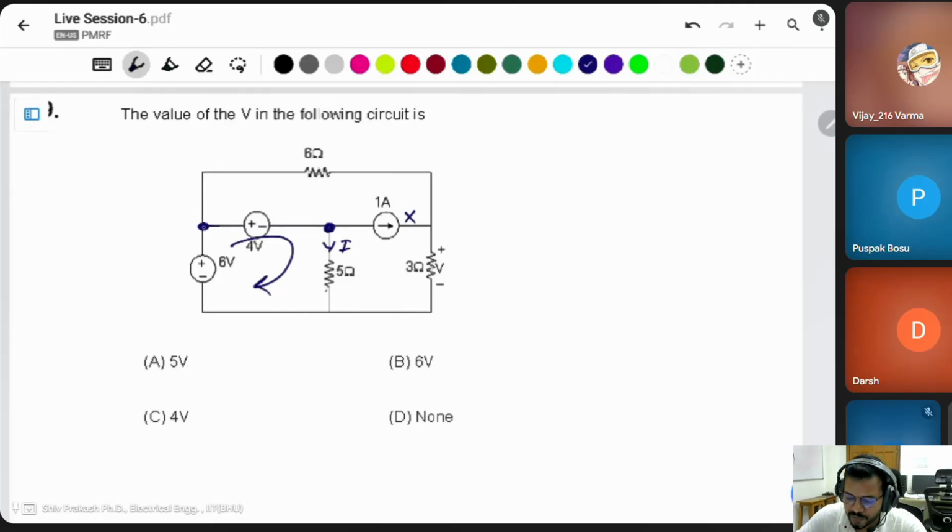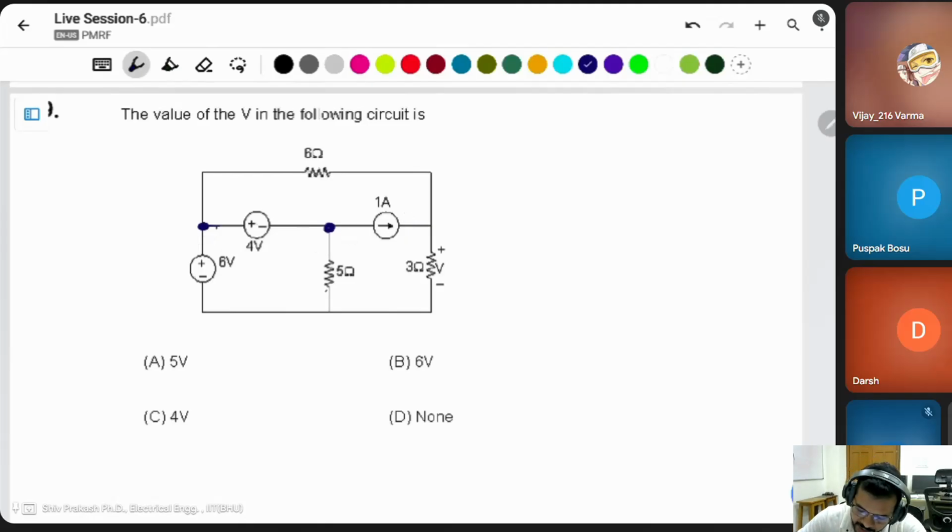It means I1 is equal to V. This is also a loop, but I directly solved it because this voltage source is connected across the 1 ohm resistor. That's why this current is directly found, then I applied KVL in my outer loop. Yes, sir, got it. Thank you.